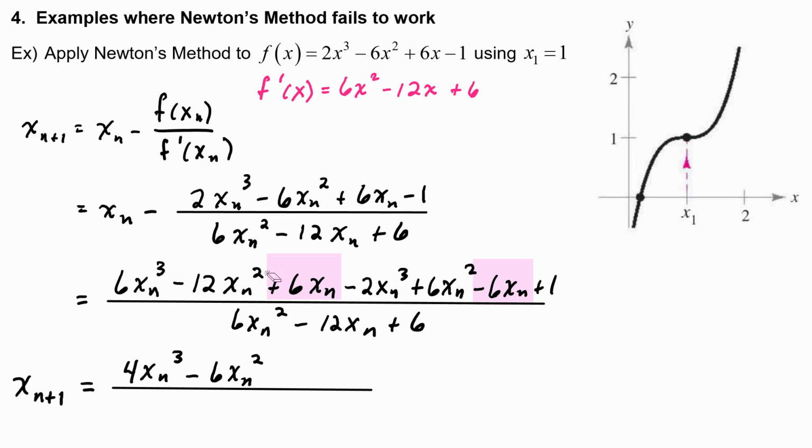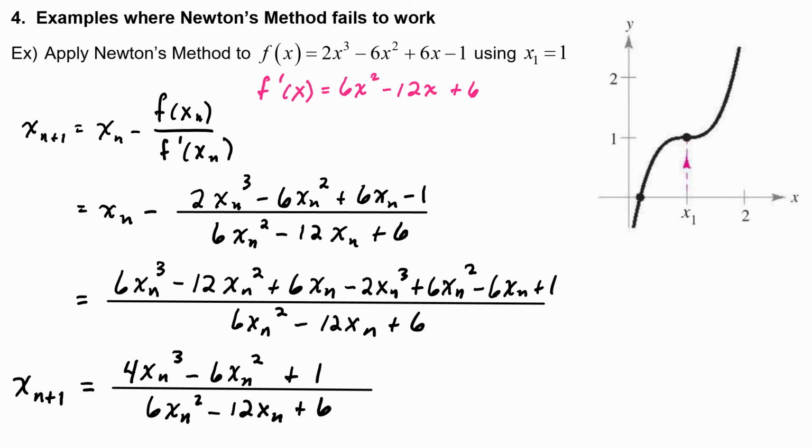Then we have 6xn, which will cancel with minus 6xn, and we just have plus 1 left. And then we have our denominator of 6xn squared minus 12xn plus 6.